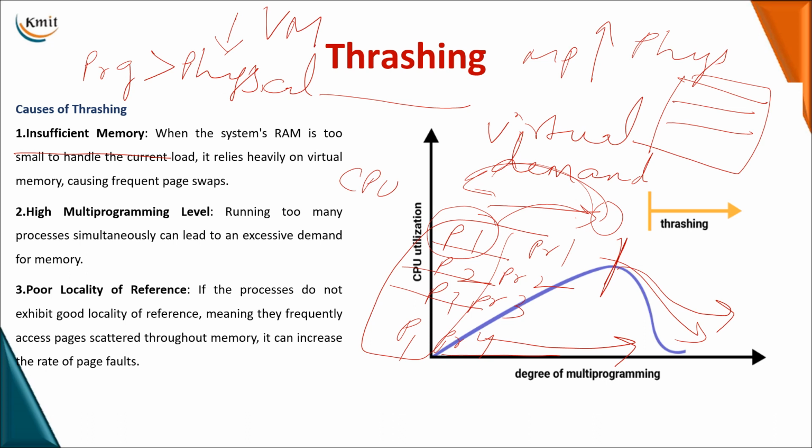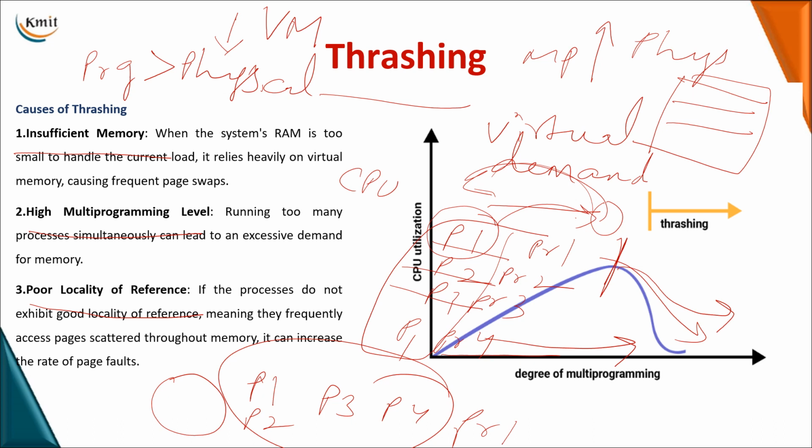So this is one case, where you want to increase the multiprogramming level, and there is poor locality of reference. Locality of reference means, assume I have P1, P2, P3 and P4 related to process 1, you should have an idea of which particular pages will be frequently referred to when you are executing a program.